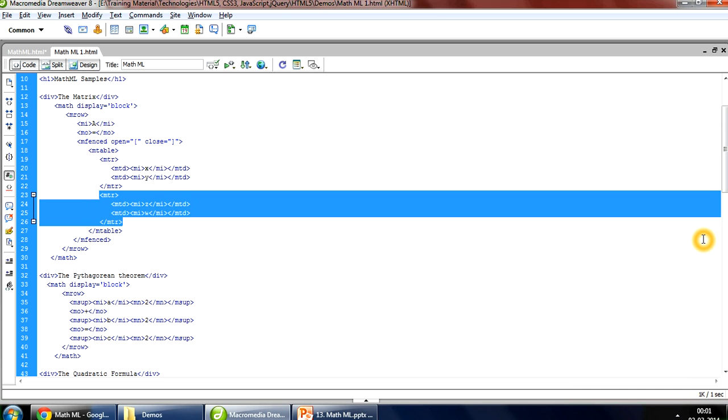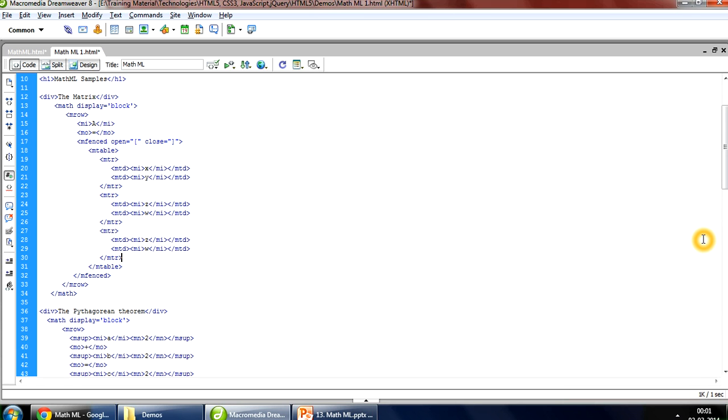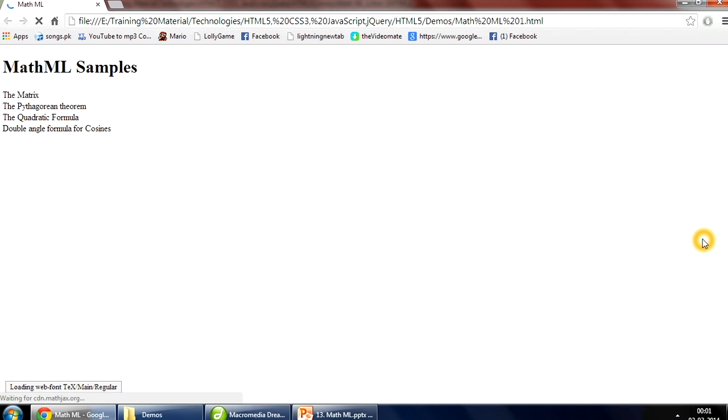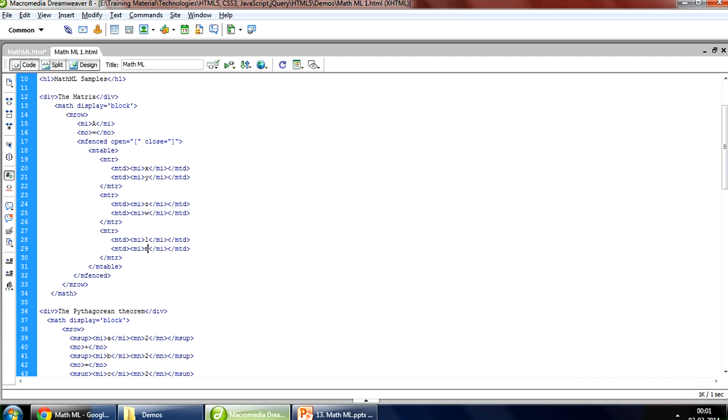If I want a 2 by 3 matrix, that also I can do. This will be your 3rd row over here. Like this, you can write it the way you want.